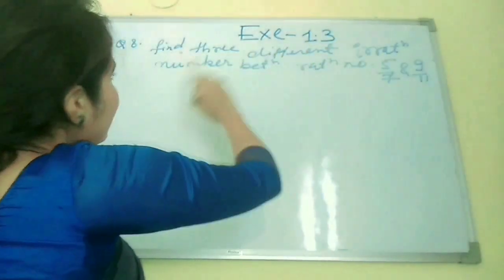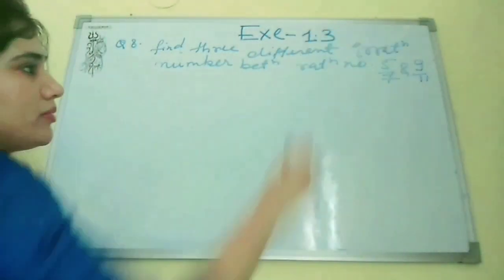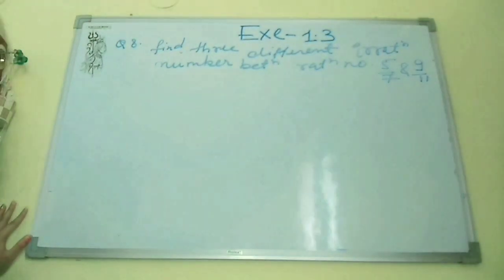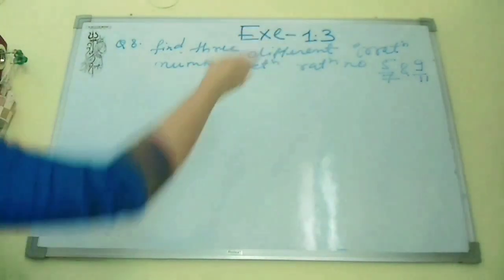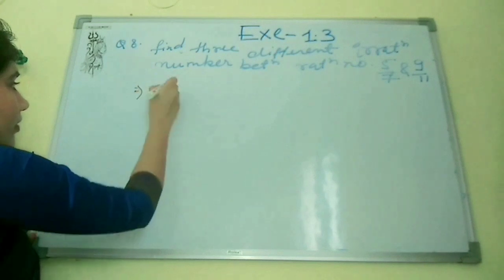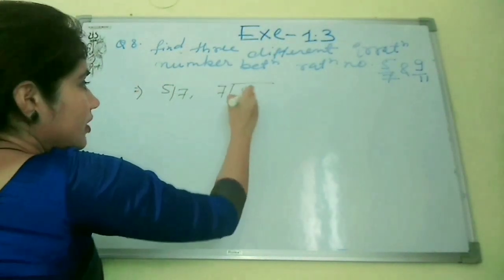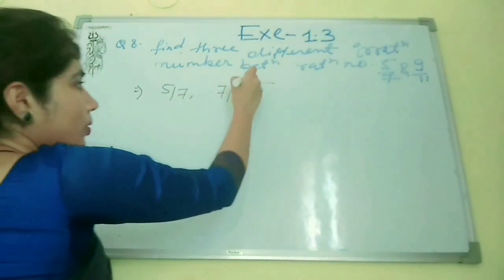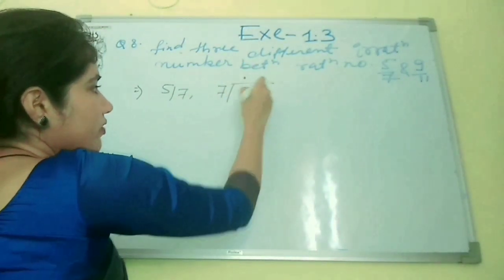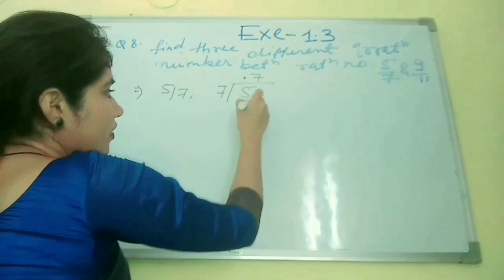Find three different irrational numbers between the rational numbers 5 by 7 and 9 by 11. So first we expand in the decimal form. 5 by 7. It is less than 7, so we will put a point here and add 0, making 50. 7 sevens are 49.